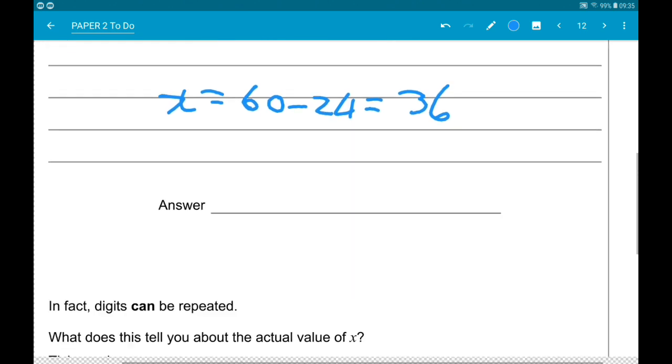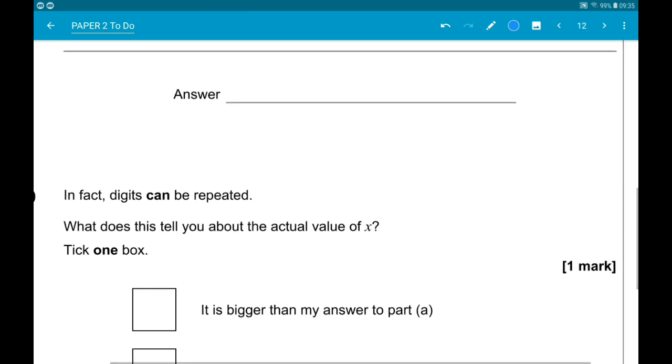And part B, we're told, in fact, digits can be repeated. What does this tell you about the value of X? Okay, so we could work it out. If digits can be repeated, then Ali would be able to have 5 for the first, 5 for the second, 5 for the third.